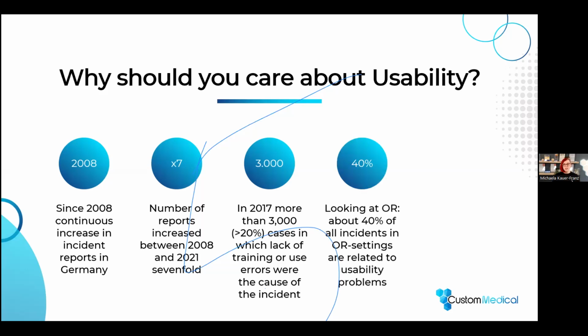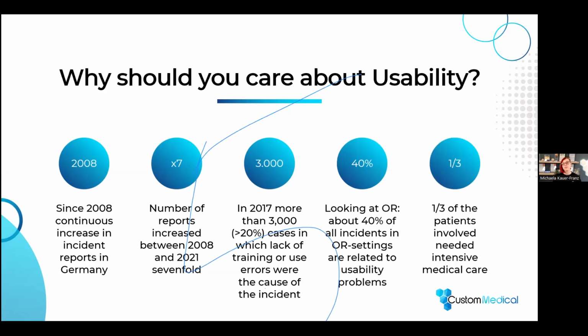And I found some more details and some more numbers. If you have a look at the operation room products, so everything that is used in a surgical setting, 40% of all the incidents are usability related, so even more. And this is a quite critical situation, which is shown by the results of that.